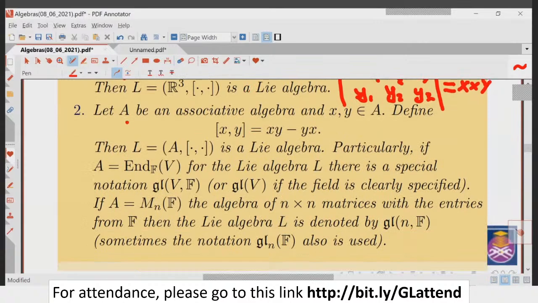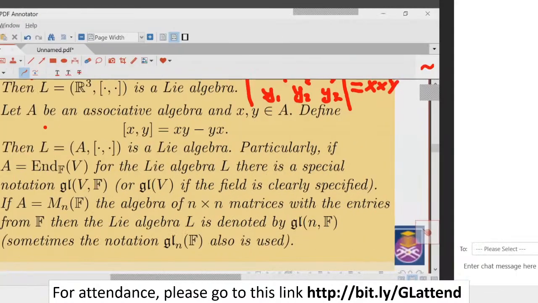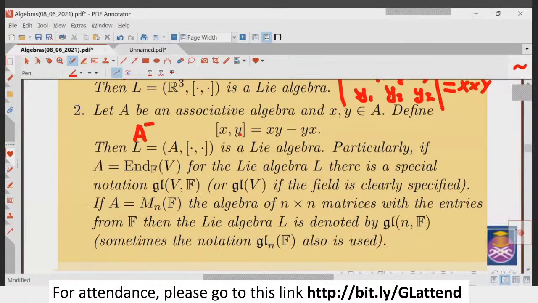Now, by the way, if you have an associative algebra, then the minus of the associative algebra is a Lie algebra. It is exactly A minus, because this operation is the minus algebra operation.